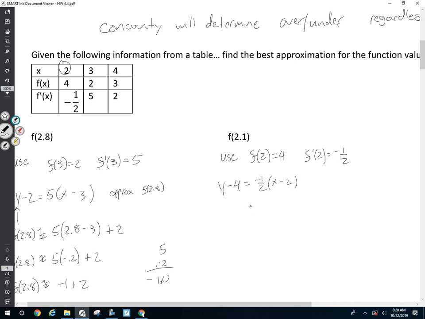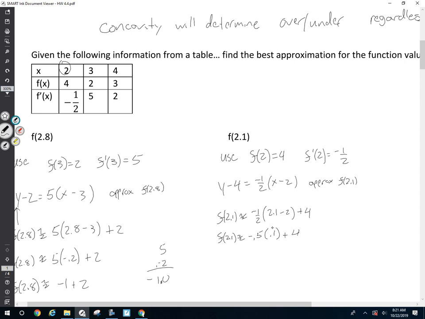I'm approximating f of 2.1. Add 4 to both sides, and plug in 2.1 for x. This would be my approximation: f of 2.1 is approximately negative 0.5 times 0.1 plus 4.